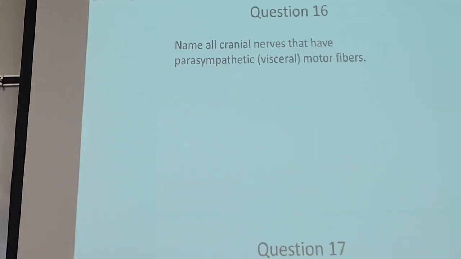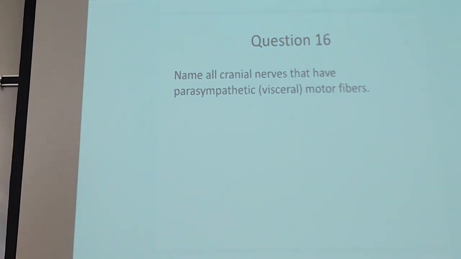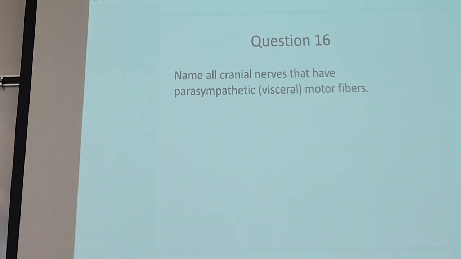Okay. All right, so which cranial nerves have parasympathetic or visceral motor fibers? So we listed 4. Okay, cranial nerve 3, which is what? Oculomotor. Okay. 7, which is what?